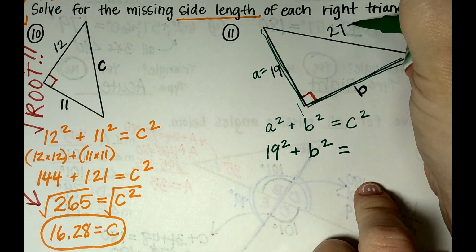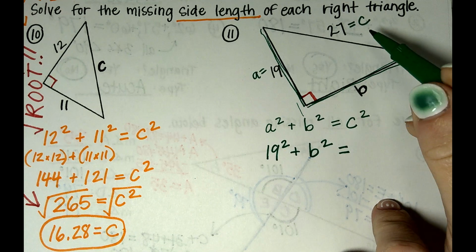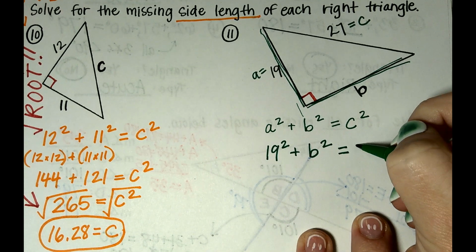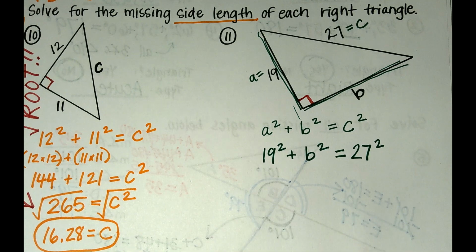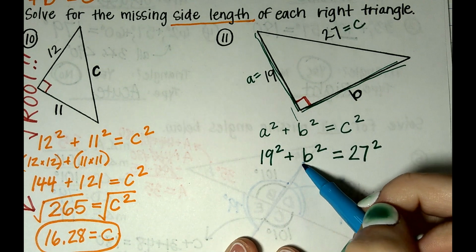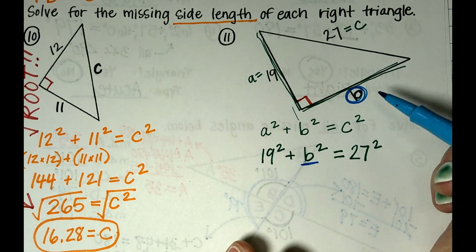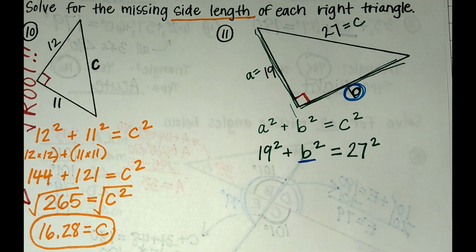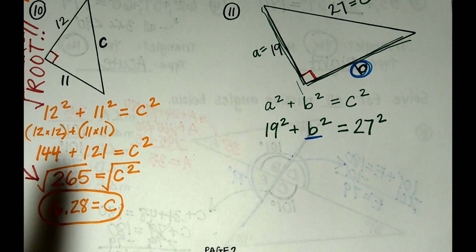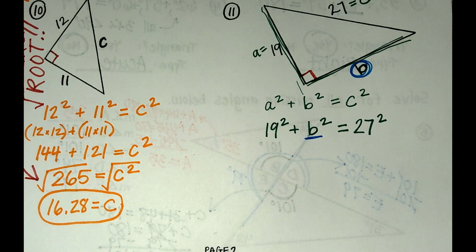We already have C right here. So I'm going to write 27 squared. So now we're solving for B. We're going to start this the exact same way as we would on number 10. We want to square the two numbers that were given to us.